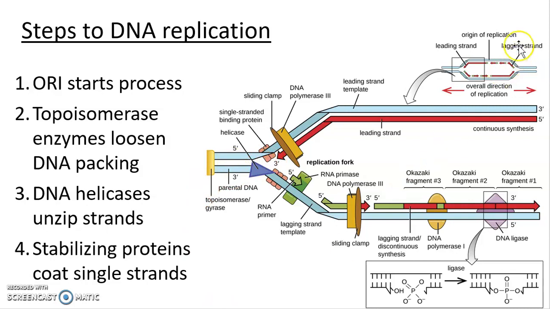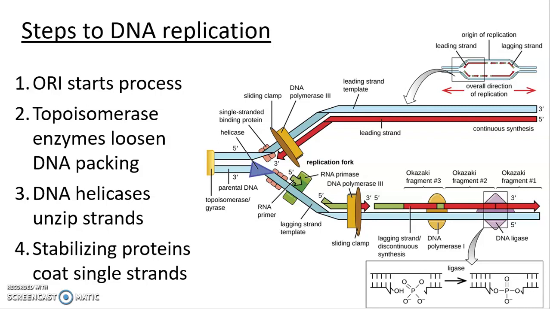And remember, we're looking at a replication bubble right here. So helicases are going off to the left side, but also to the right side here when we look at that replication bubble forming there. The problem with this is DNA is not as stable of a molecule when it's in its single-stranded form, and it likes to basically reanneal the two strands and make the double-stranded form.